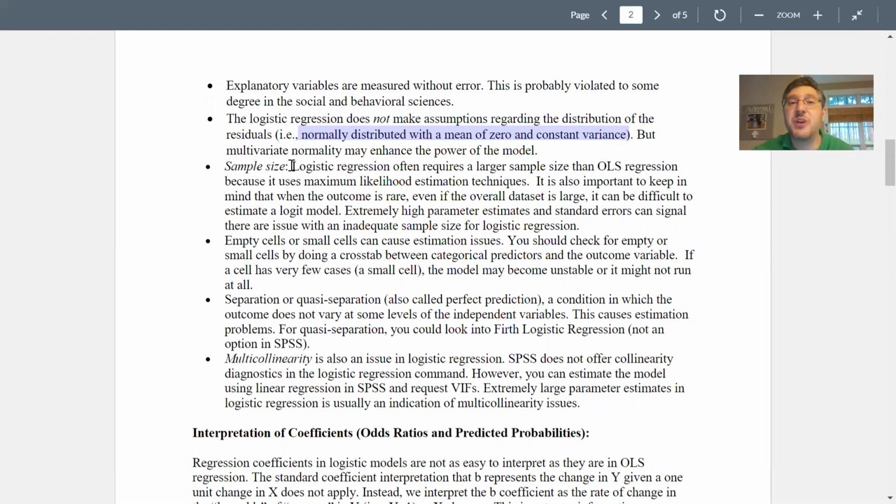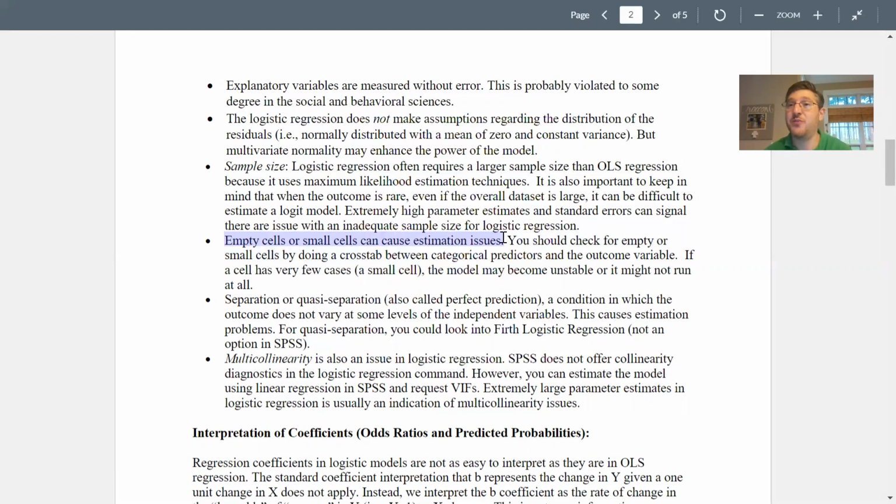Note that logistic regression requires a larger sample size than typical OLS linear regression. Basically, the larger the sample size, the better. Typical rules of thumb you might see are around 20 cases per independent variable. But there are also issues of empty cells and cell sample sizes.